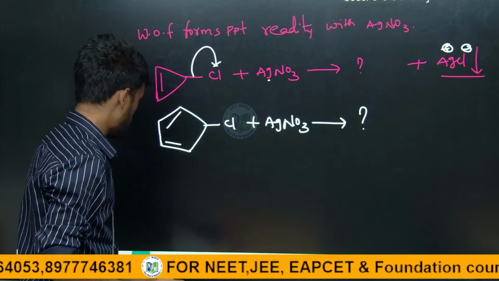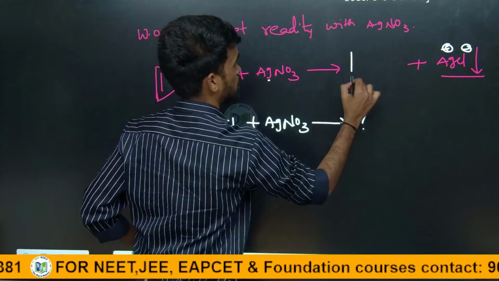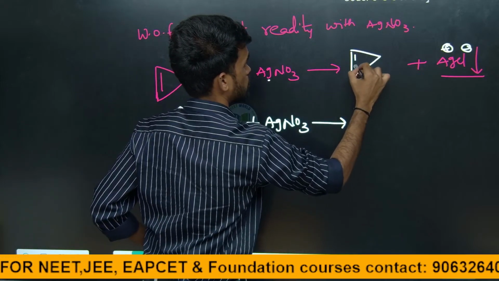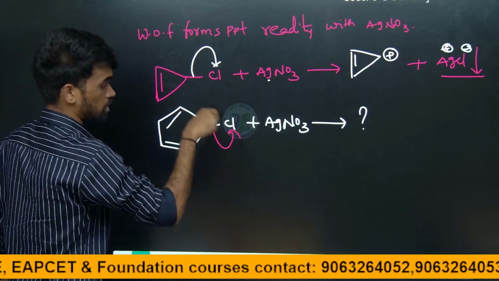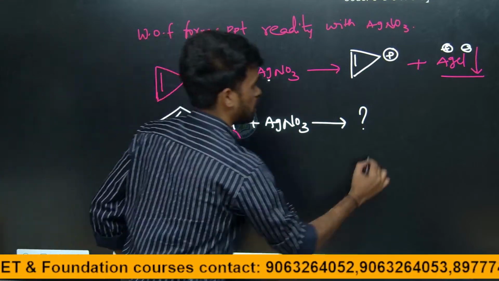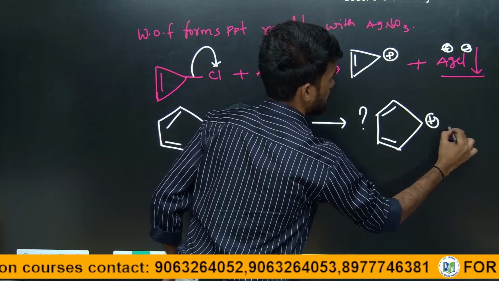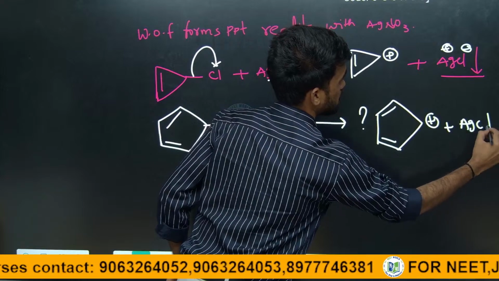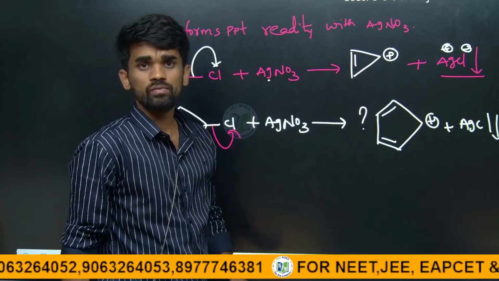So the remaining piece will be something like this. From the other compound also, if we remove Cl minus, the remaining part will be like this, and AgCl precipitate is formed. Now tell me, out of these two, which is more stable?